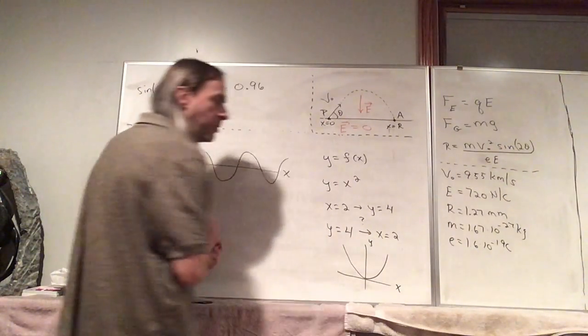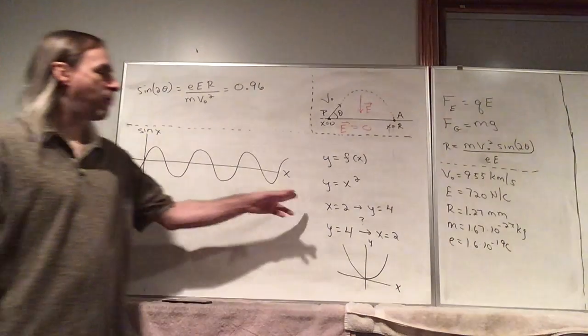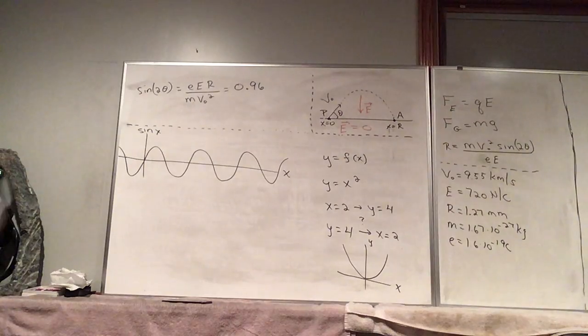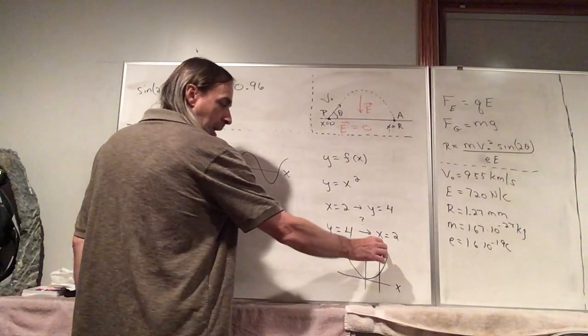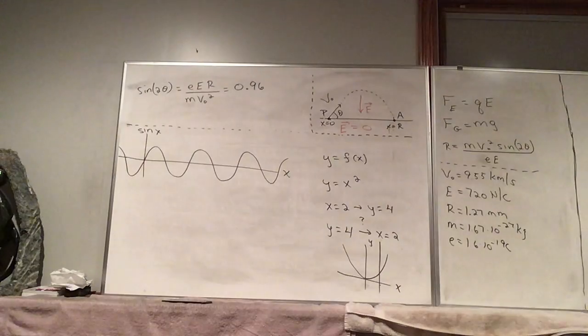And there's a very nice way to look at these things graphically. This rule that for every x there has to be exactly one y is called the vertical line test. If I draw a vertical line, every point on that line has the same x value.